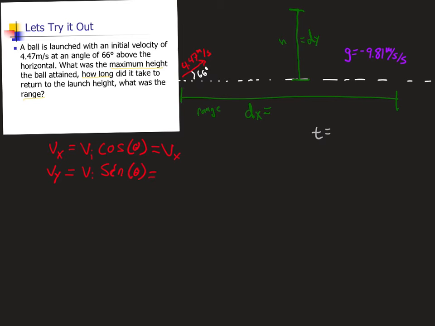The velocity in the y, especially the initial velocity in the y, will be very important because one thing that's not given to me but I should inherently know is that the velocity in the y at the very top, its maximum height, is going to be 0 meters per second.